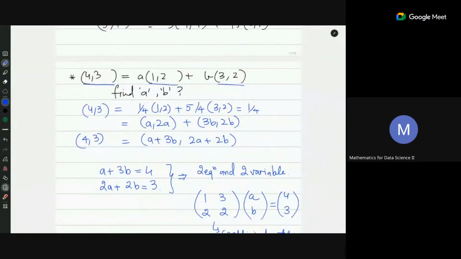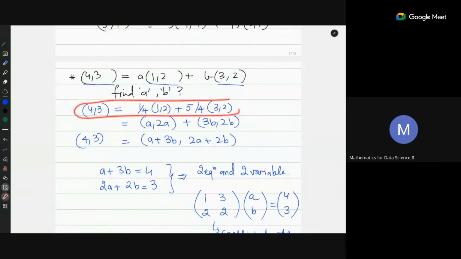Each column will have a leading term, and corresponding to that column there will be some variable. Those variables are called dependent, and the other variables which are not dependent are called independent. Okay, sir.